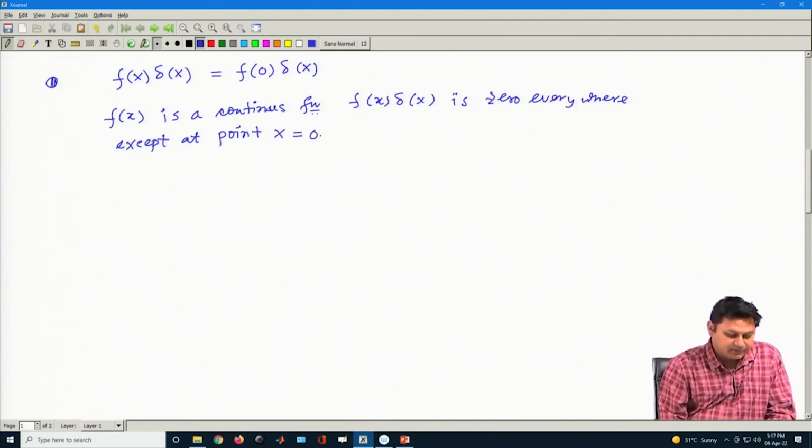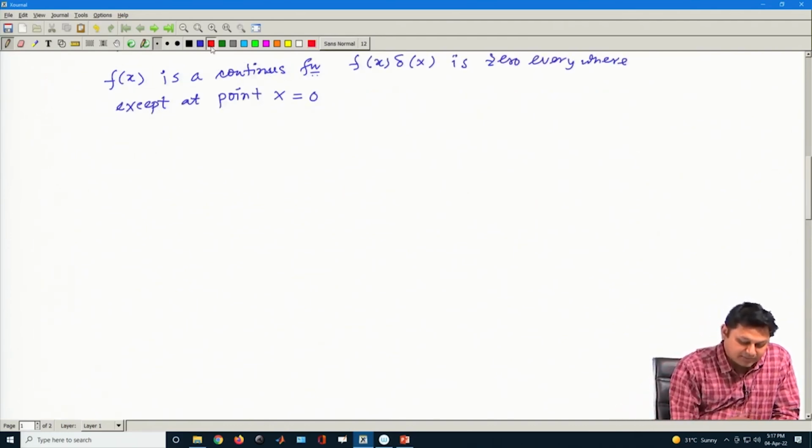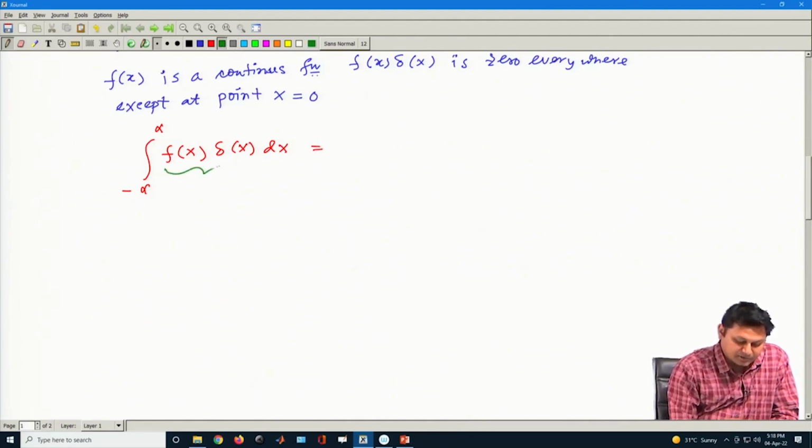That is why this function is important. The function can be evaluated at x equal to 0, then multiplied by delta x. Now, if this is the case, we have an interesting property: if I integrate f of x times delta x dx from minus infinity to infinity, then what we write on the right hand side is meaningful at x equal to 0, when we evaluate the function at x equal to 0.